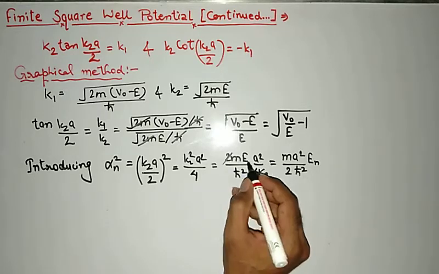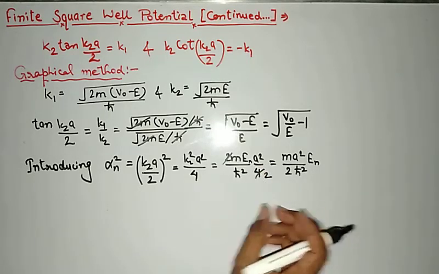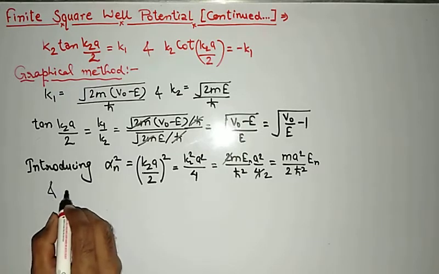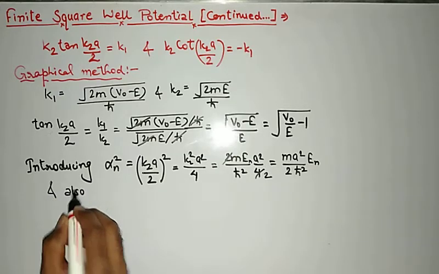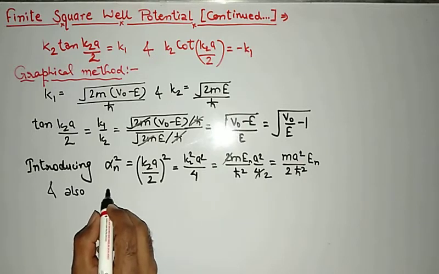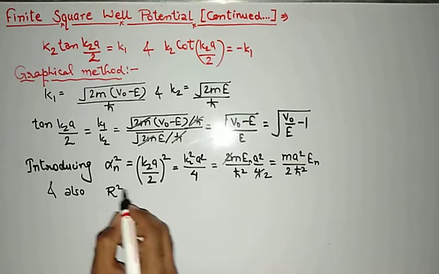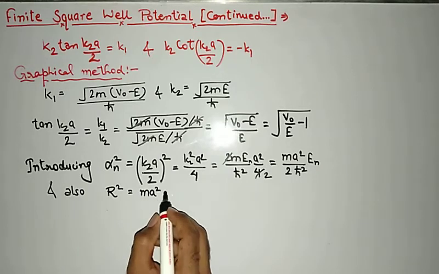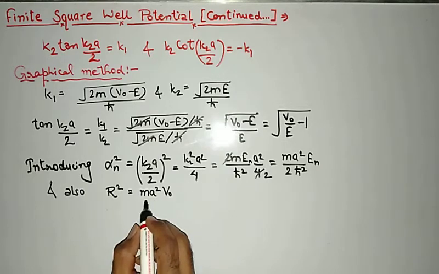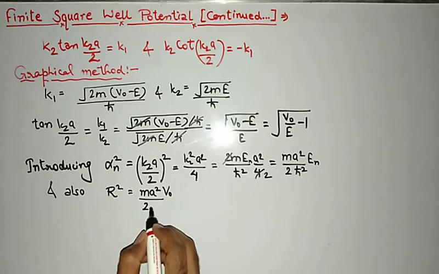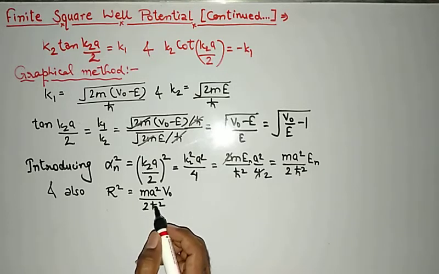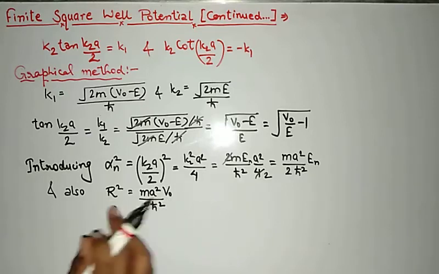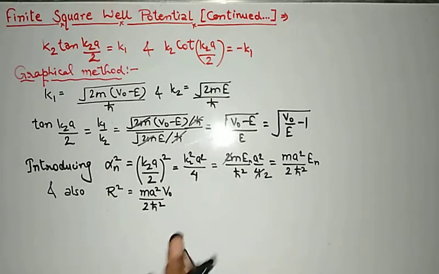Also introducing r square, which is m a square V naught upon 2 h cut square, that is r square, and for En, alpha n square.